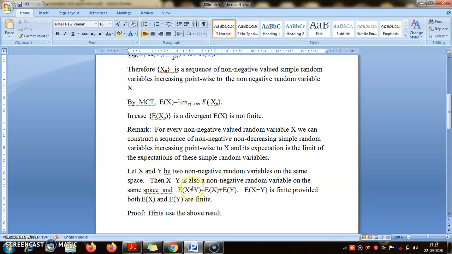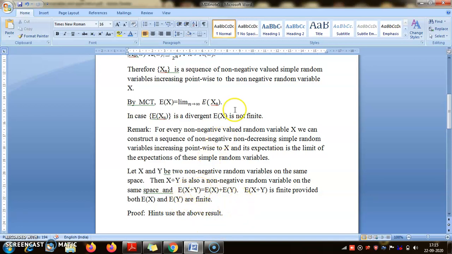If one of them is infinite, this will be infinite. Now this requires a proof. If you recall the first definition using supremum, using that approach we cannot prove this result.